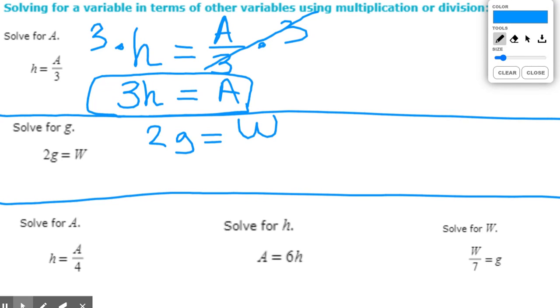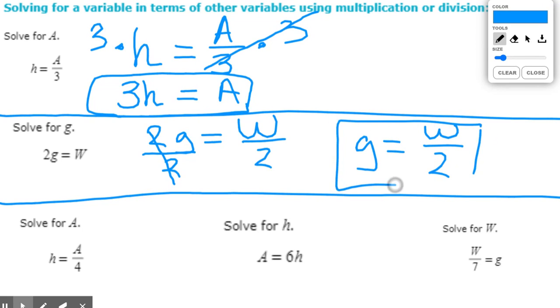Since 2 is being multiplied by g, I have to do the opposite of that and divide by 2. So since it was being multiplied, that's why I'm doing the opposite and dividing. By doing that, we end up with 2 divided by 2 is 1. So we have 1g is equal to w divided by 2. Final answer.